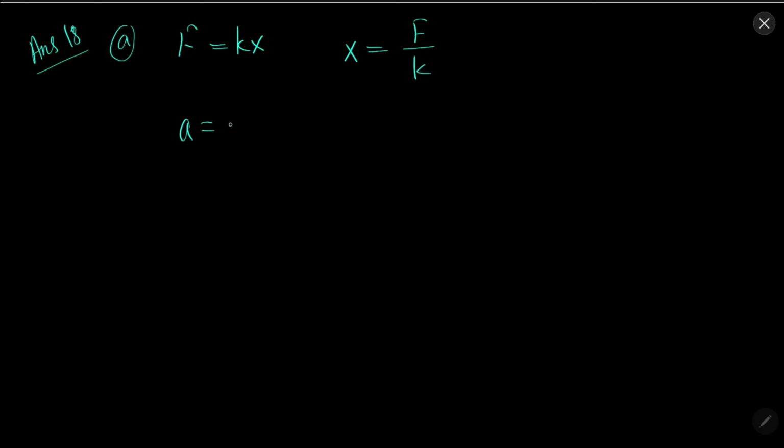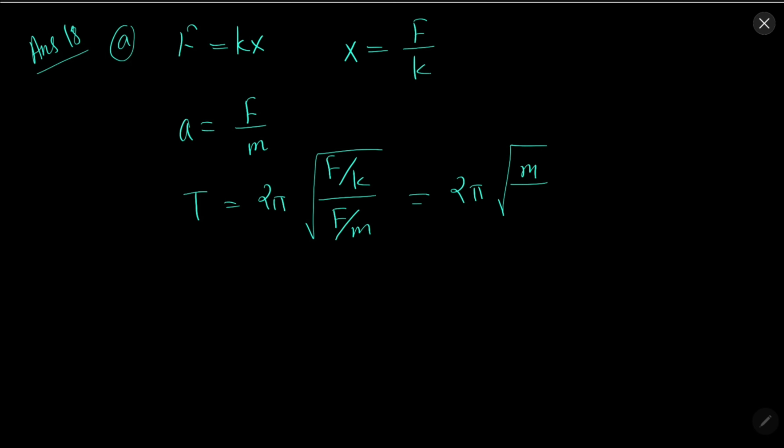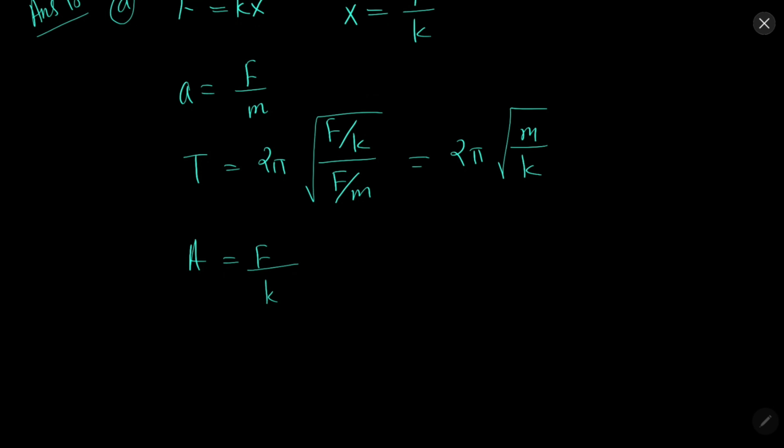Now acceleration is F over m and time period is 2 pi root displacement, that is F by k, over acceleration, that is F by m, so 2 pi root m by k, and amplitude will be the max displacement F over k.